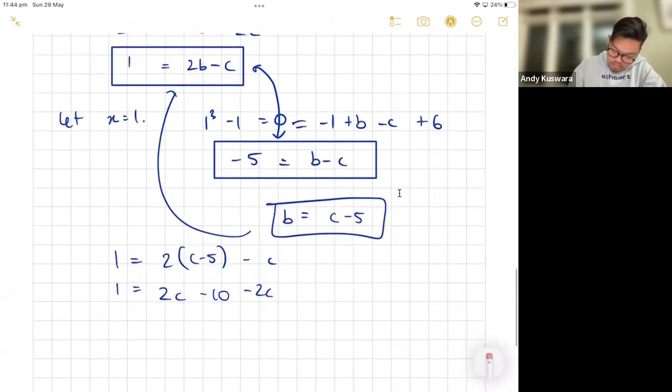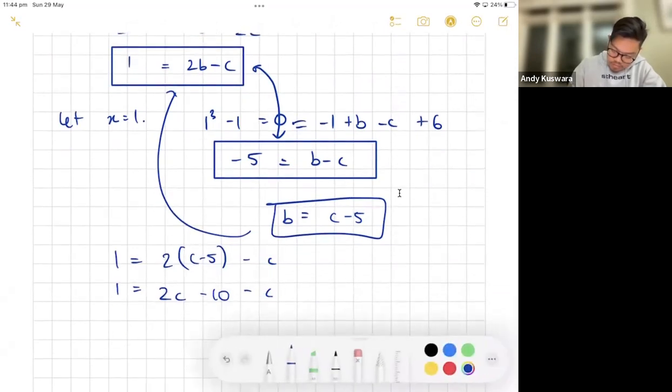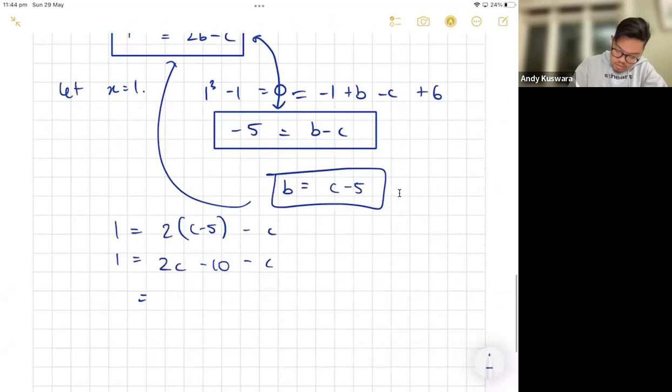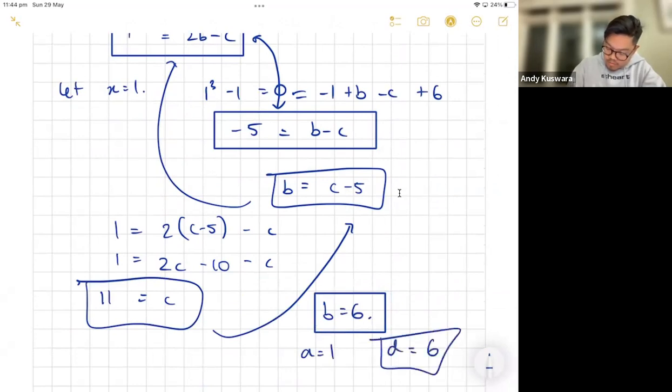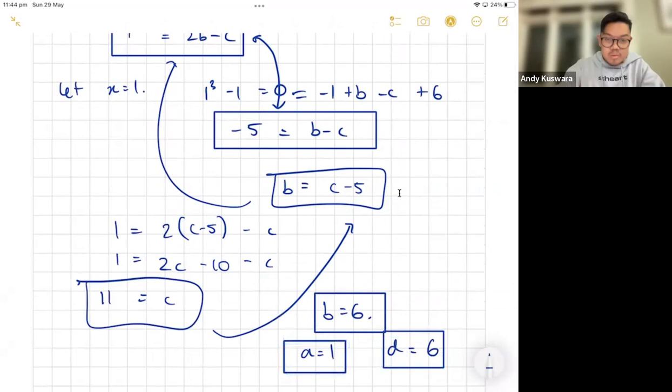That's it. So we get c equals 11. And from there, we can also get b equals 6. So there you go. a equals 1, d equals 6. And boom, we did it. Took us a while, but that's how we do it. All right, enjoy. I'll catch you guys later, and bye-bye.